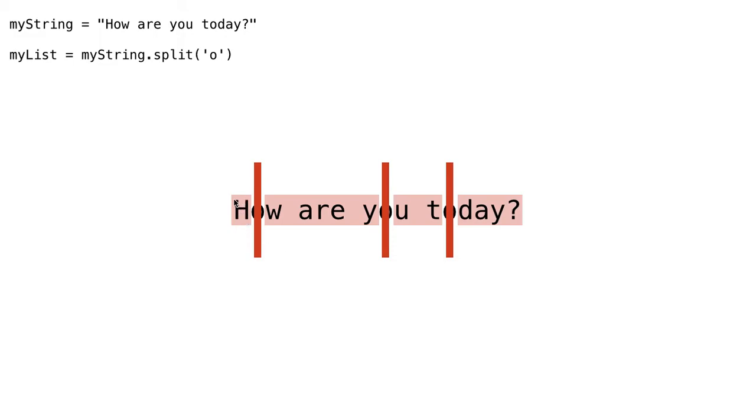This capital H will be the first item in the resulting Python list. This character sequence W space R space Y will be the second item. This character sequence U space T will be the third item, and then day with a question mark will become the fourth item. And again, just like before, that Python list goes on the left-hand side into this variable called myList.